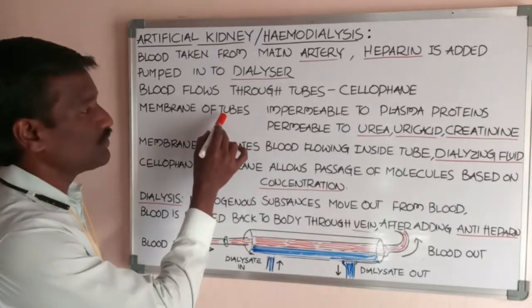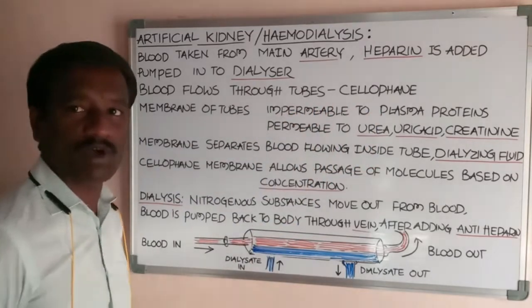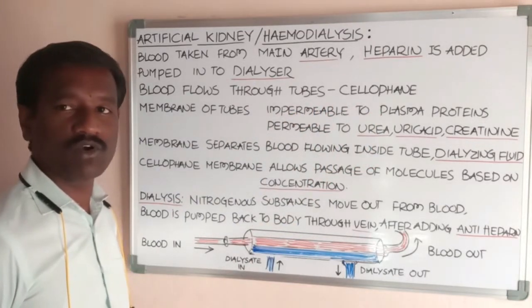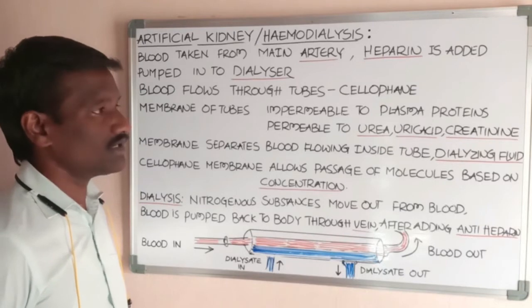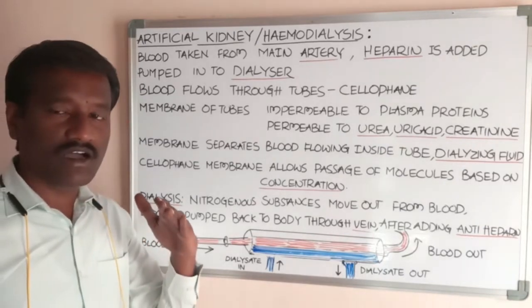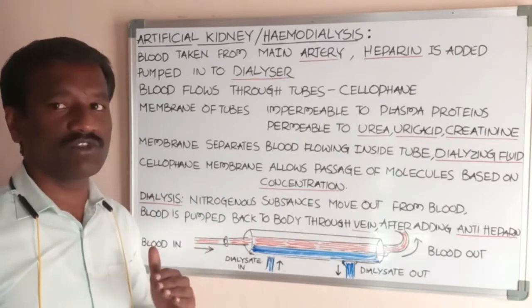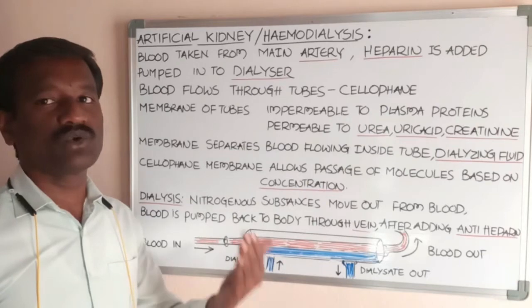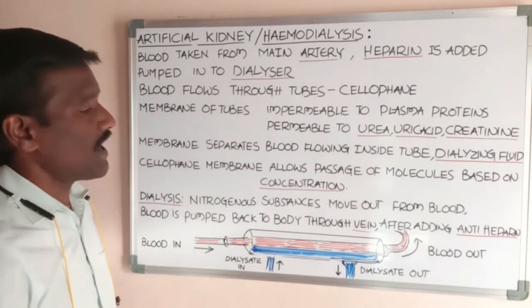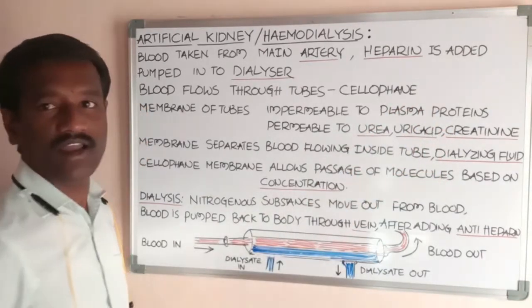These tubes have a membrane impermeable to plasma proteins. That means the membrane of the tube does not allow the passage of plasma proteins to the outside, and it is permeable to urea, uric acid and creatinine.